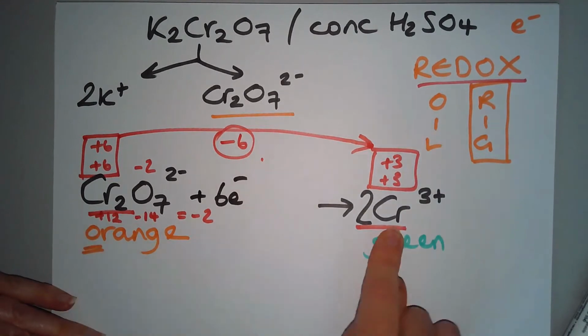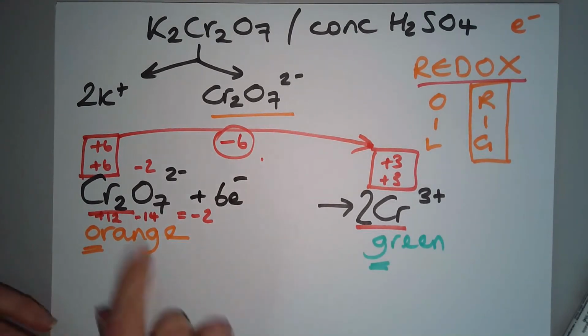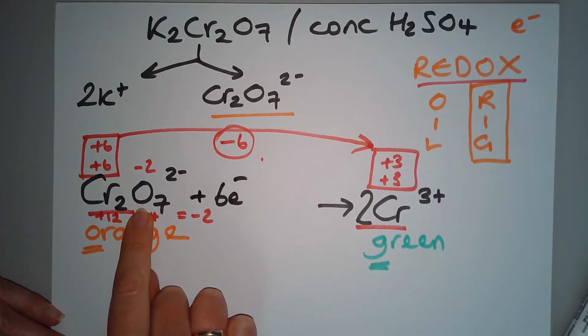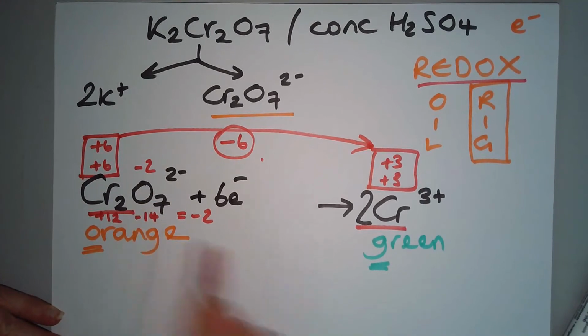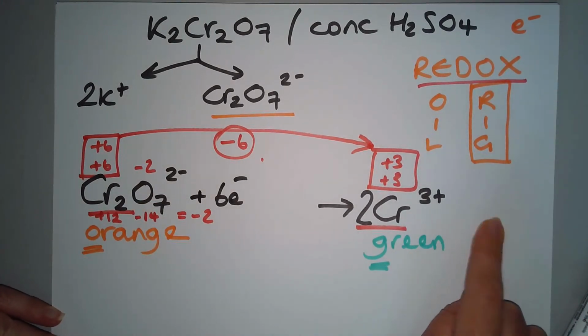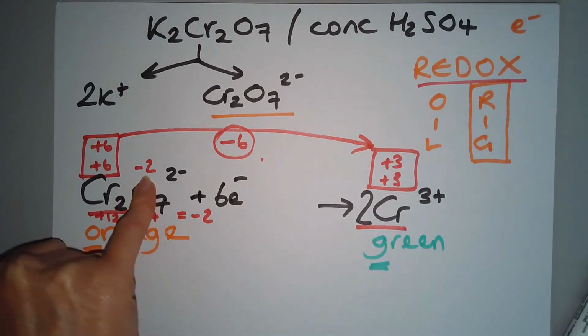Now it's not over yet, because it's still not balanced, because we've got some oxygen here. So this is a complex ion. We need to balance for oxygen on the right hand side. Now we can't just put O2, because that would have an oxidation state of 0, and you can't have 2 changes in oxidation state in the same half equation. So we need something that has oxygen in that will still be -2.